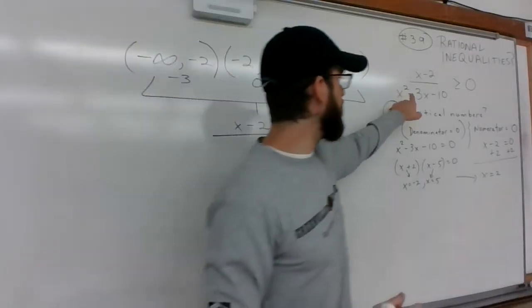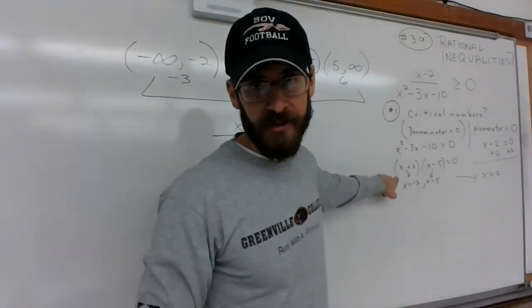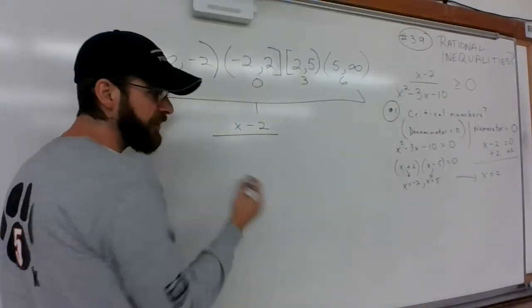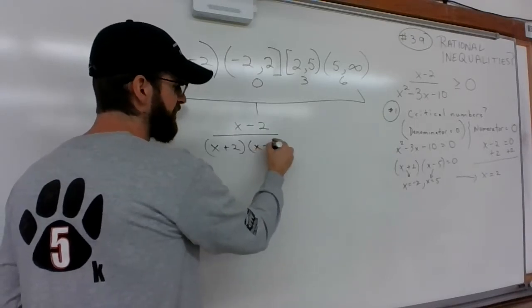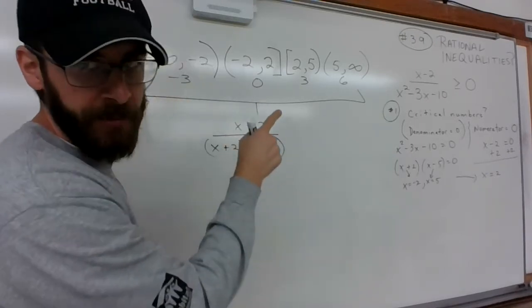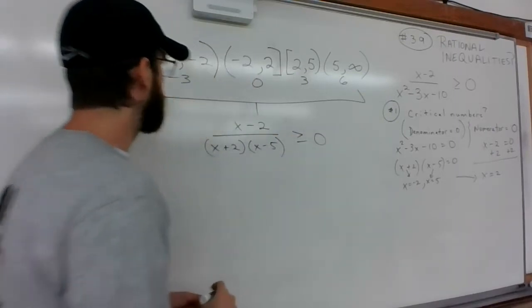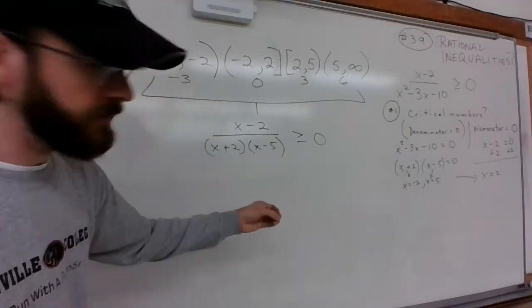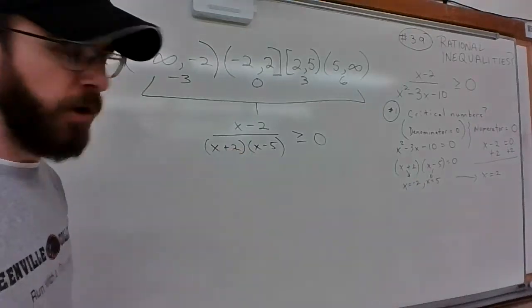I'm going to rewrite x squared minus 3x minus 10 as the factored version because I do the math easier that way, and I think you guys do too. (x + 2)(x - 5) is just the factored version of that polynomial on the bottom of the fraction. So I'm going to plug negative 3 in for that x, that x, that x, and then make a decision. 0 in for this one, that one, and this one, and make a decision. Hopefully that makes sense.